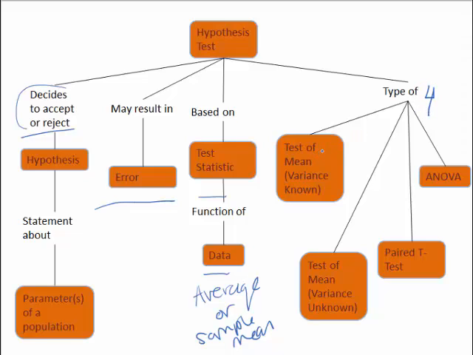Our first one is a test of the mean where we know the variance of the population. Second, a test of the mean where we don't know the variance of the population. Third, a paired t-test, which allows us to compare 2 different populations. And an ANOVA, which is a comparison test that allows us to compare typically 3 or more populations.